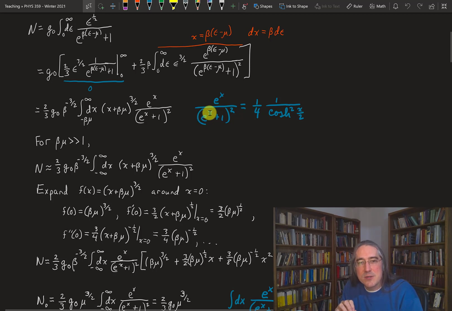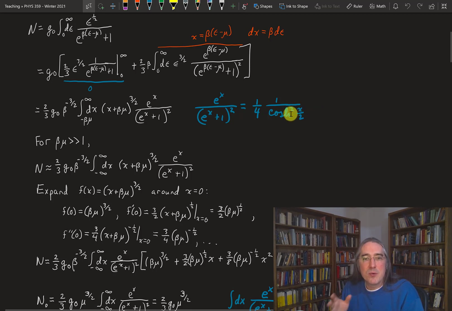This becomes e to the x over 2 plus e to the minus x over 2. In other words, we have 1 over hyperbolic cosine. And if you don't remember what hyperbolic cosine looks like, it only opens up from the origin. So 1 over hyperbolic cosine is going to drop quickly from its peak at 0. So this is a localized function, localized around x equals 0.